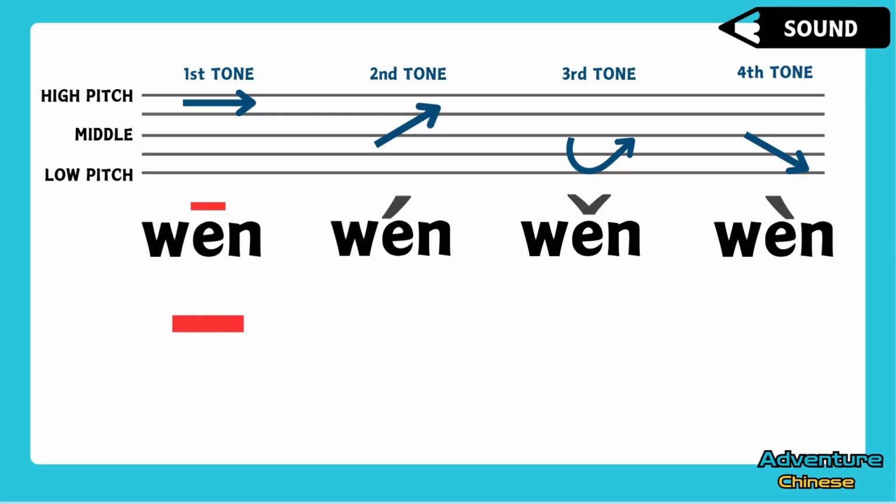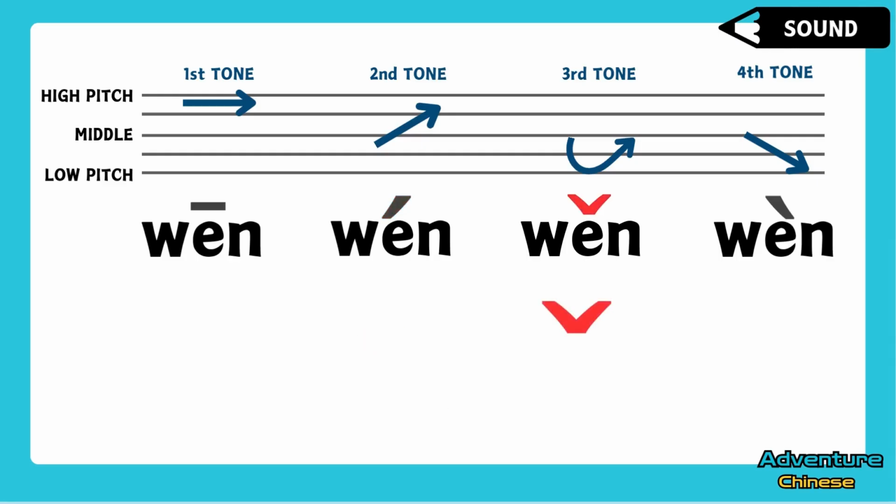We pronounce it. It sounds light, a little like when we begin singing practice. To pronounce the second tone, we need to lift up the sound of the word. It is symbolized by a line rising to the upper right.